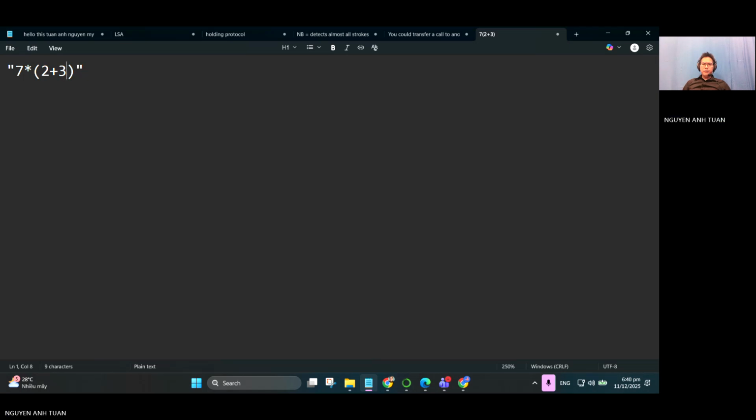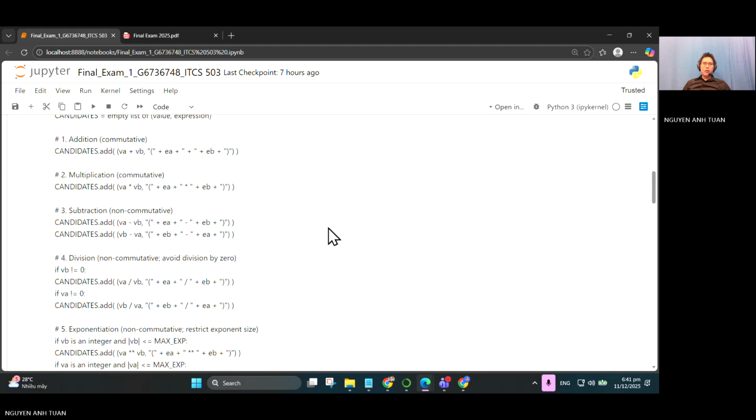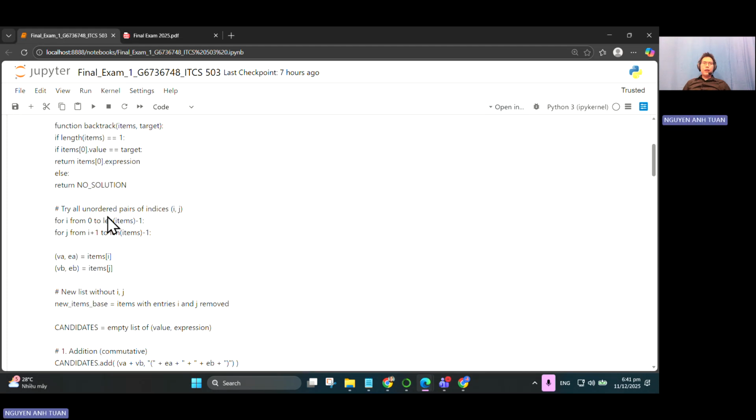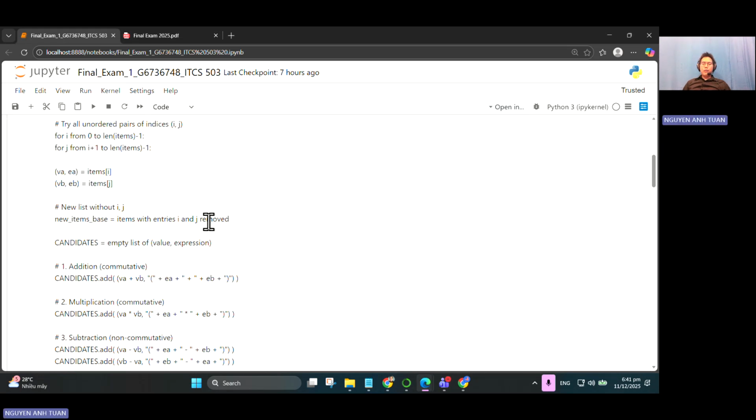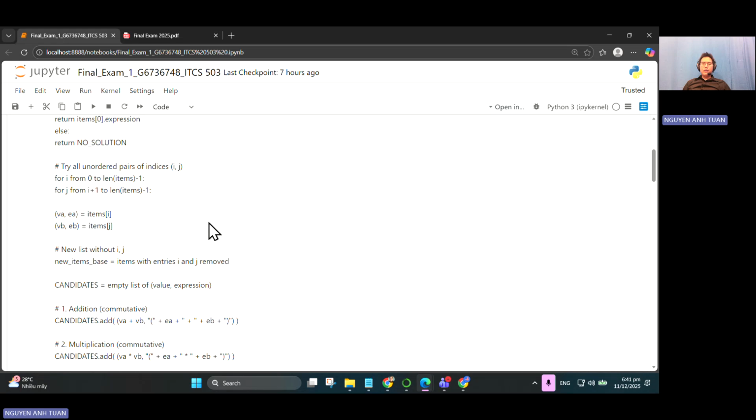For the recursive backtracking, at each step, I pick 2 current values A and B, remove them from the list, and try to combine them with all allowed operators: A plus B, A subtract B, B subtract A, multiply, A divide B, and B divide A if denominators are not zero, and exponentiation in both orders with limits to keep it reasonable.